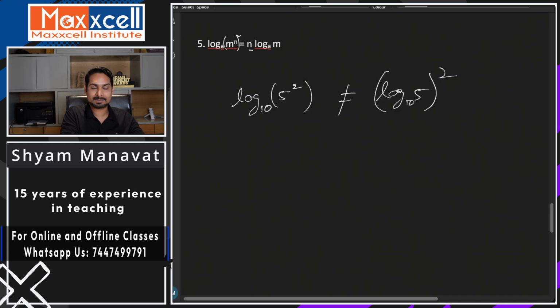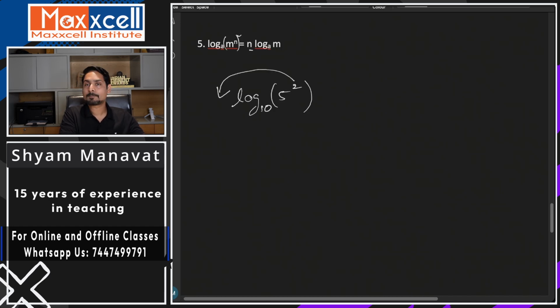That is different. As of now, we are talking about the number inside the log having some power. So this power will come as multiplication in front of the log. The outcome is 2 log 5 base 10, which can be read as 2 multiplied by log 5 base 10.